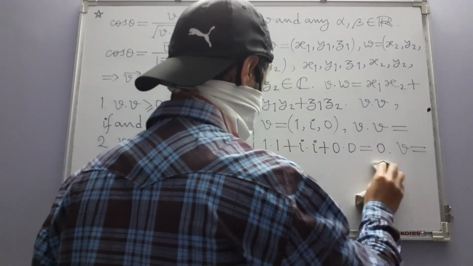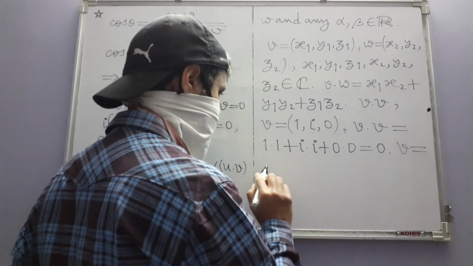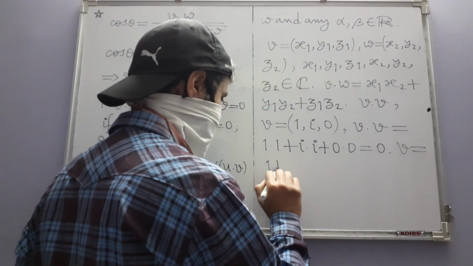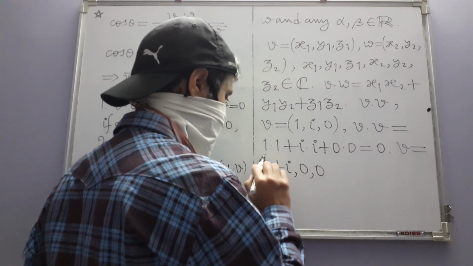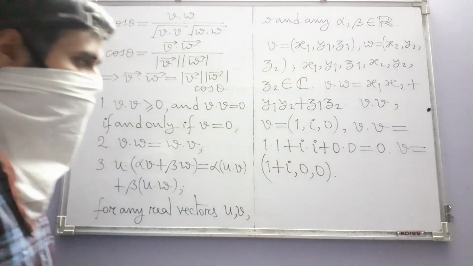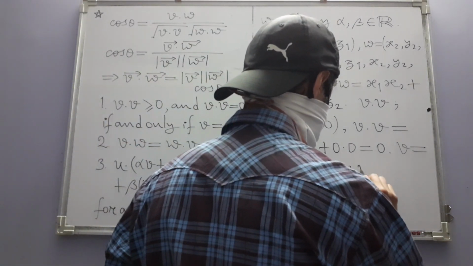Say I take 1 plus i, 0 and 0. For this value of v, what is my v dot v?